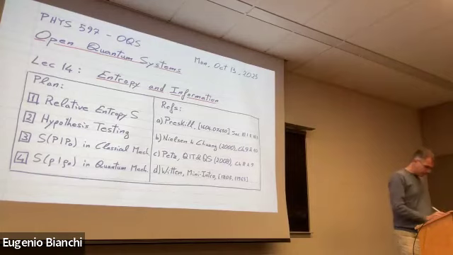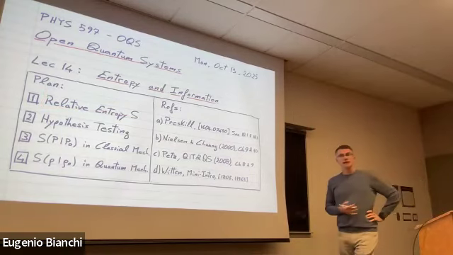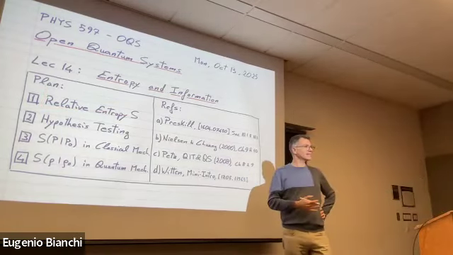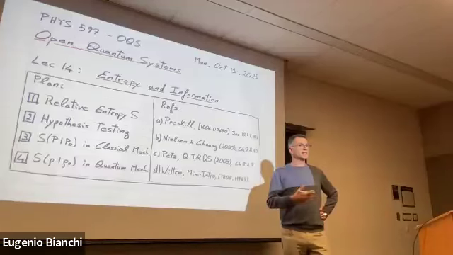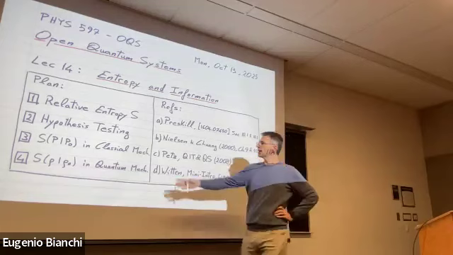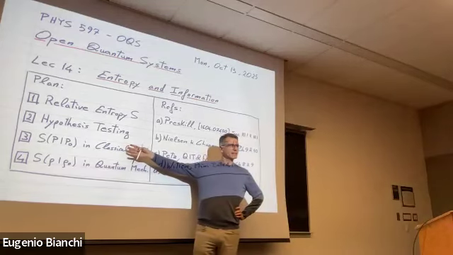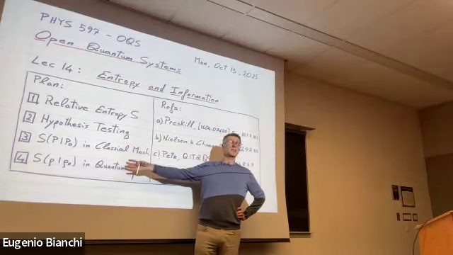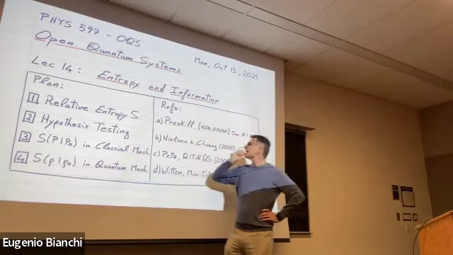I'm going to first cover the definition of relative entropy, then connect it to a notion in information theory that gives it a direct interpretation: how do you test a hypothesis? And then I'm going to use it first in classical mechanics and show you what you need to fix to apply it to quantum mechanics, okay?